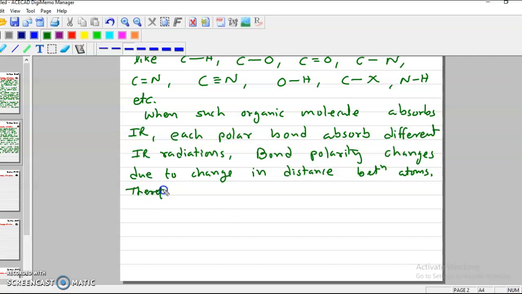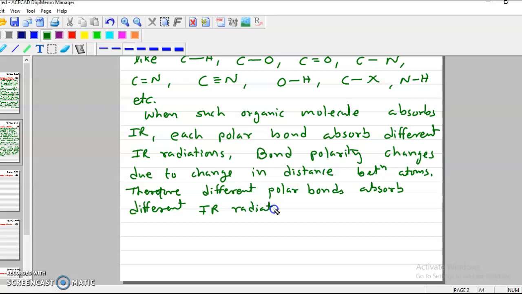Therefore, different polar bonds absorb different IR radiations and transfer to higher vibrational levels.